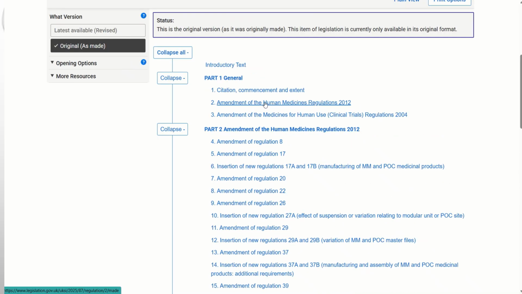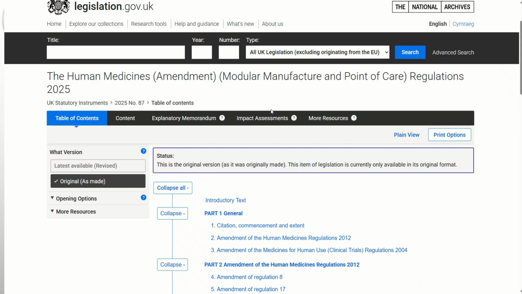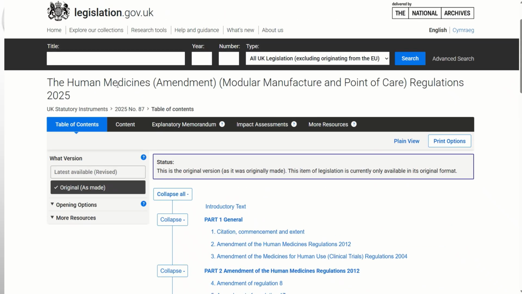It basically amends these two regulations in order to account for modular manufacture and point of care.